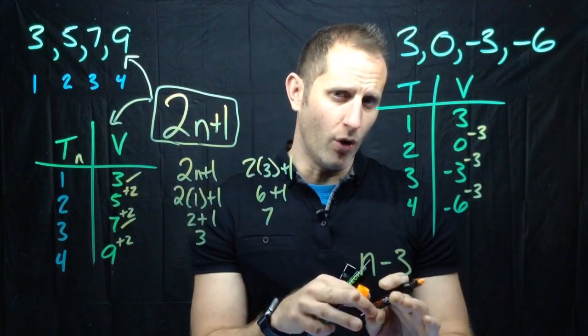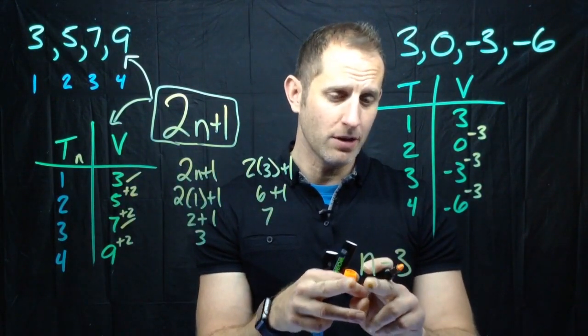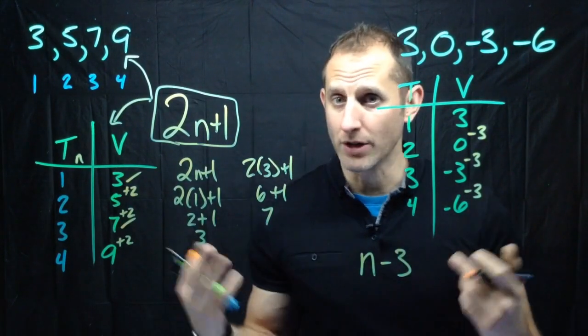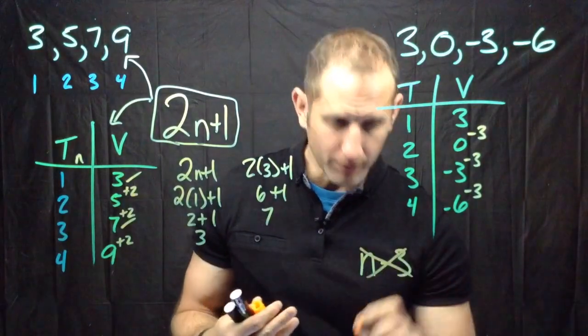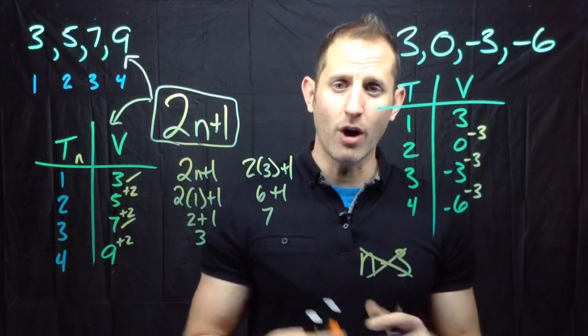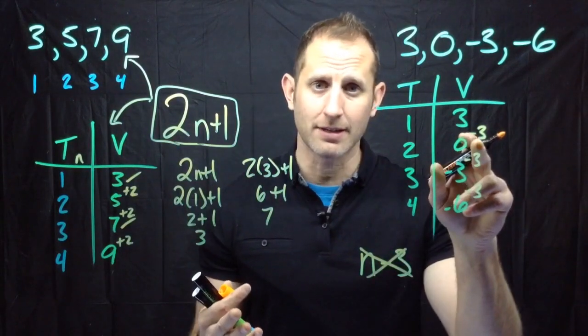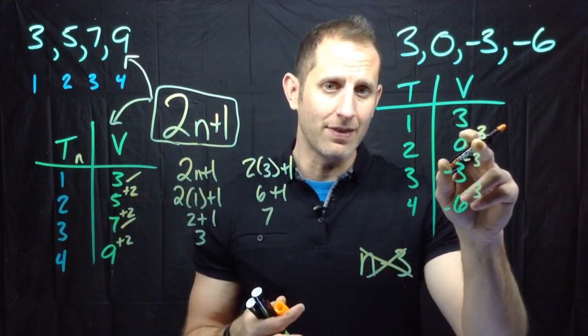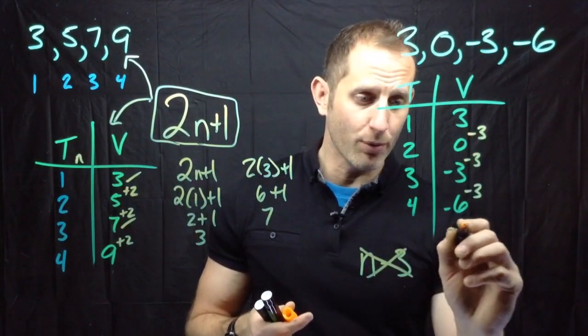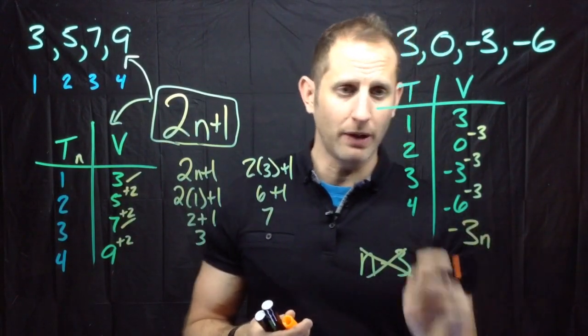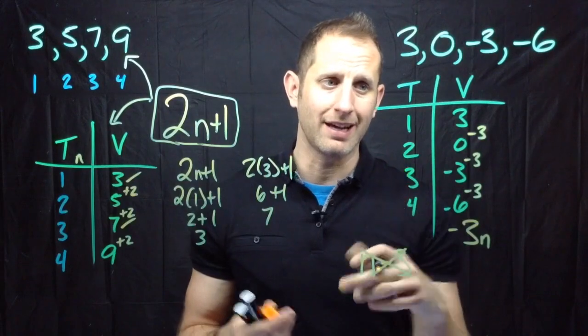How would we know if we were going to multiply this or if we were going to subtract it? The answer is that we don't. So we're not going to put our letter first. We always want to start with our constant first. And the constant in this case, which is never changing, is the -3, which is going to come first. And then we are going to multiply it by the term number to get an answer.